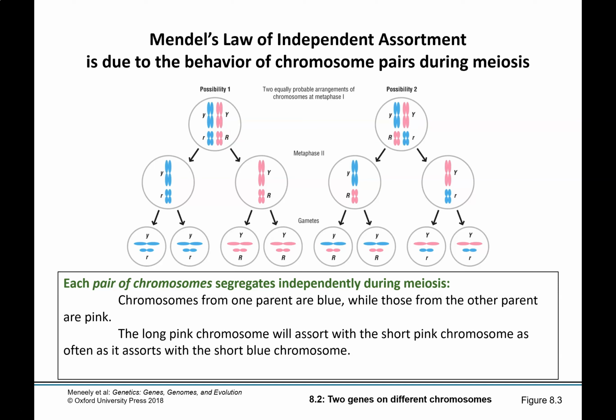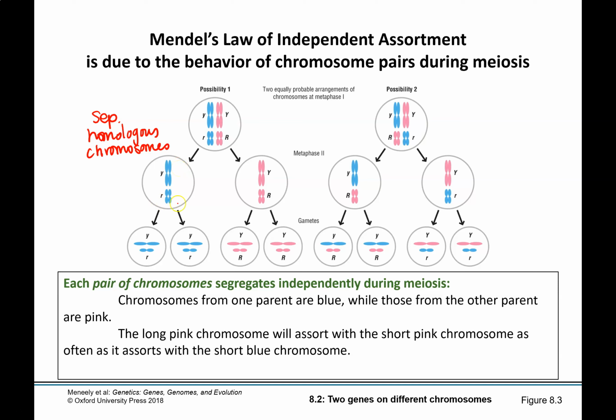Now, during the process of meiosis, we are first going to separate homologous chromosomes. If we look at just the Ys, we have pulled apart our large chromosomes, separated the homologous ones.